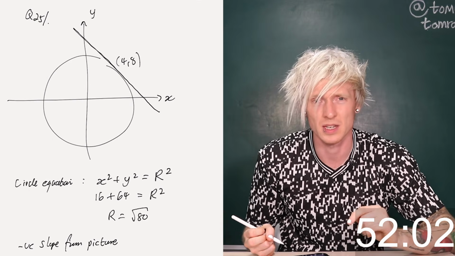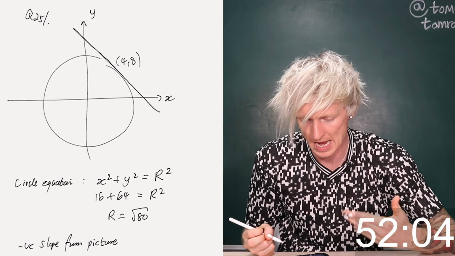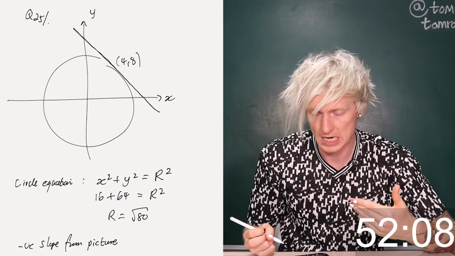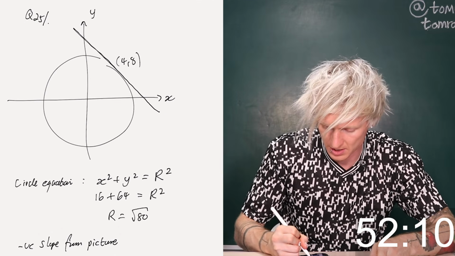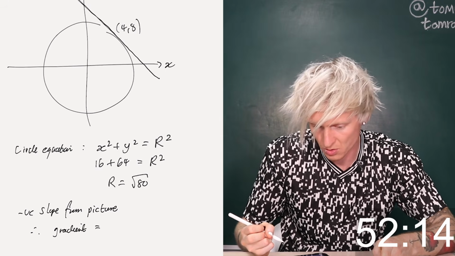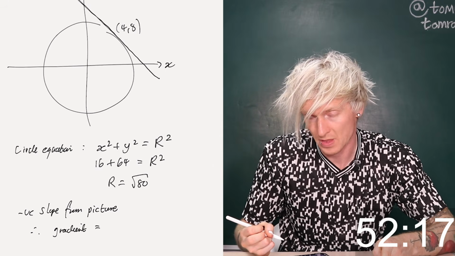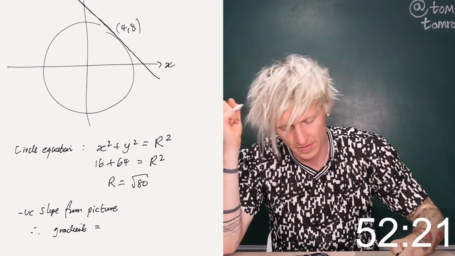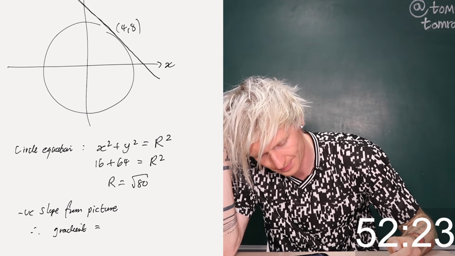I'm pretty sure we can just do this. So because it passes through the point (4, 8), therefore the gradient is just equal to the change in y over the change in x.